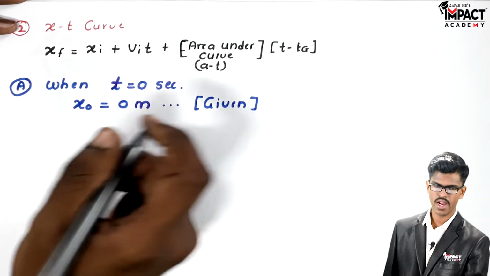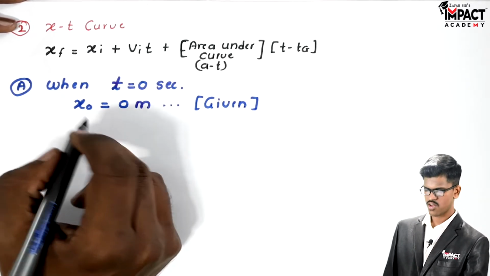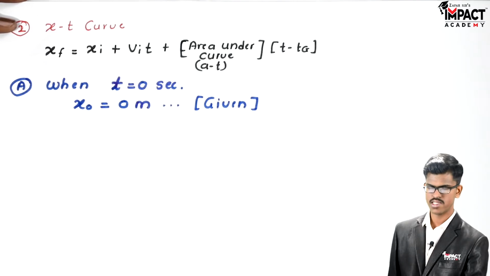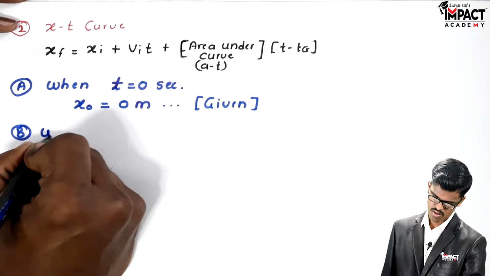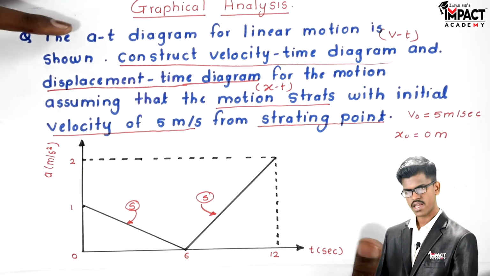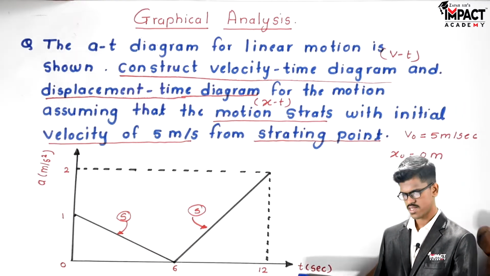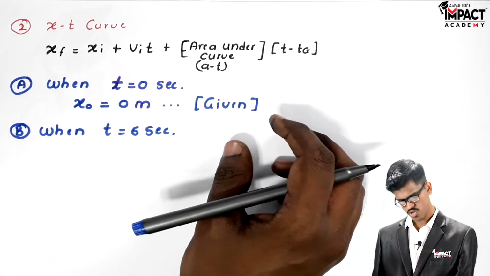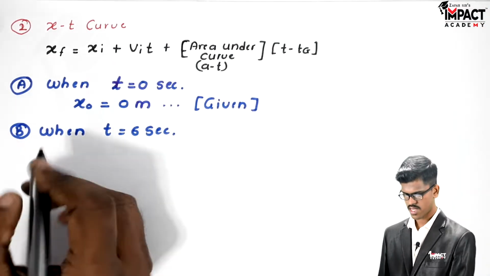Now we have to find what is the position of the particle when t is equal to 6 seconds. So we consider the time interval from 0 to 6 seconds.